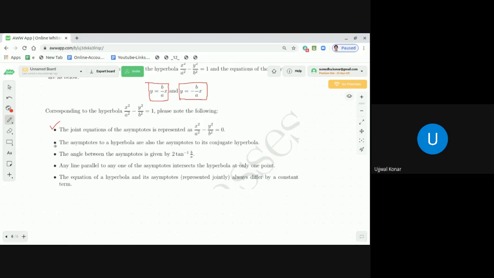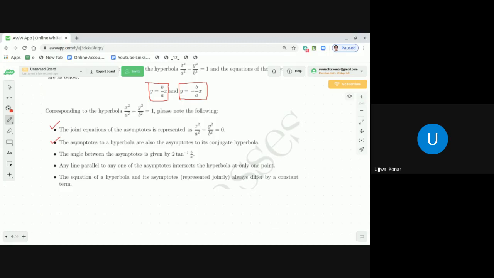Second point is that asymptotes of a hyperbola are also the asymptotes to its conjugate hyperbola. That means x square by a square minus y square by b square equal to 1 has two asymptotes, and it also has a conjugate hyperbola, whose equation we have seen earlier is x square by a square minus y square by b square equal to minus 1.